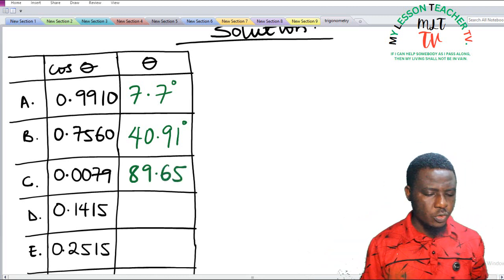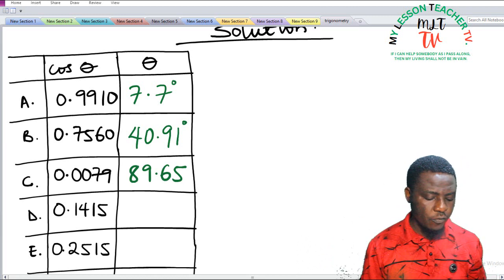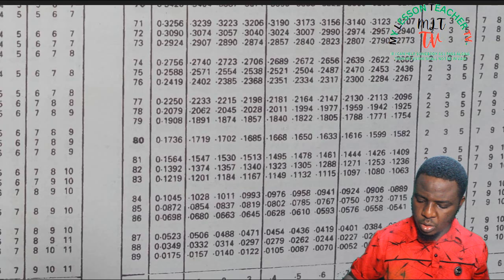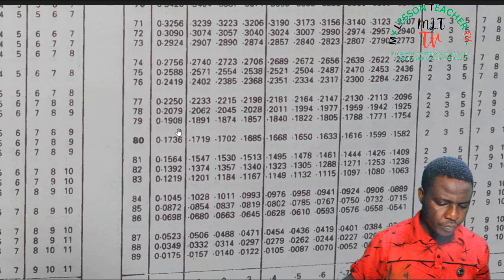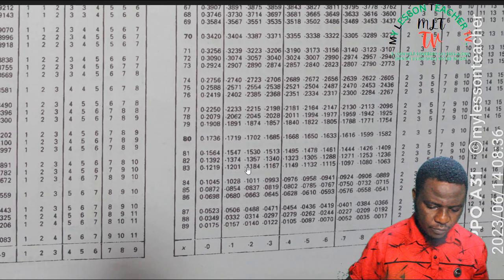Next, we look for the angle whose cosine is 0.1415. So you go to your cosine table. 1415 will not be far from here.